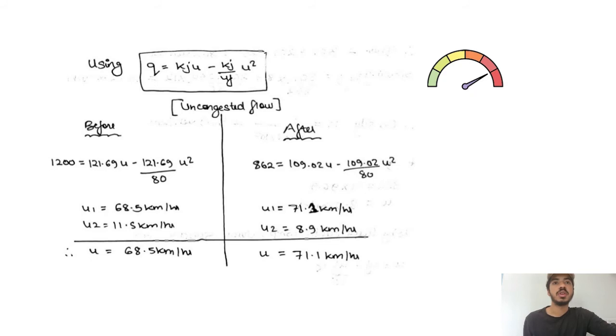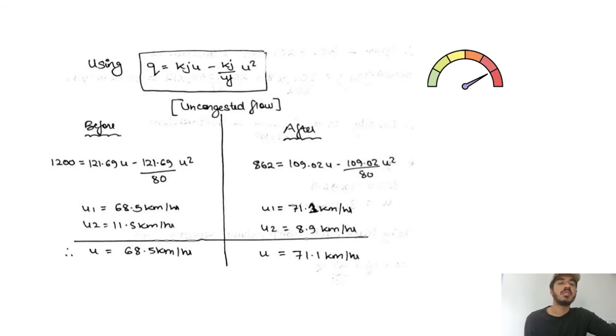For the case where the transfer did not happen, substituting Q as 1200 vehicles per hour, jam density as 121.69 vehicles per kilometer, and maximum free flow speed as 80 km per hour, we find two values of u, which are 68.5 km per hour and 11.5 km per hour. Since we already found that 11.5 km per hour is the speed during congested flow, the speed during uncongested flow for the before case would be u is equal to 68.5 km per hour.